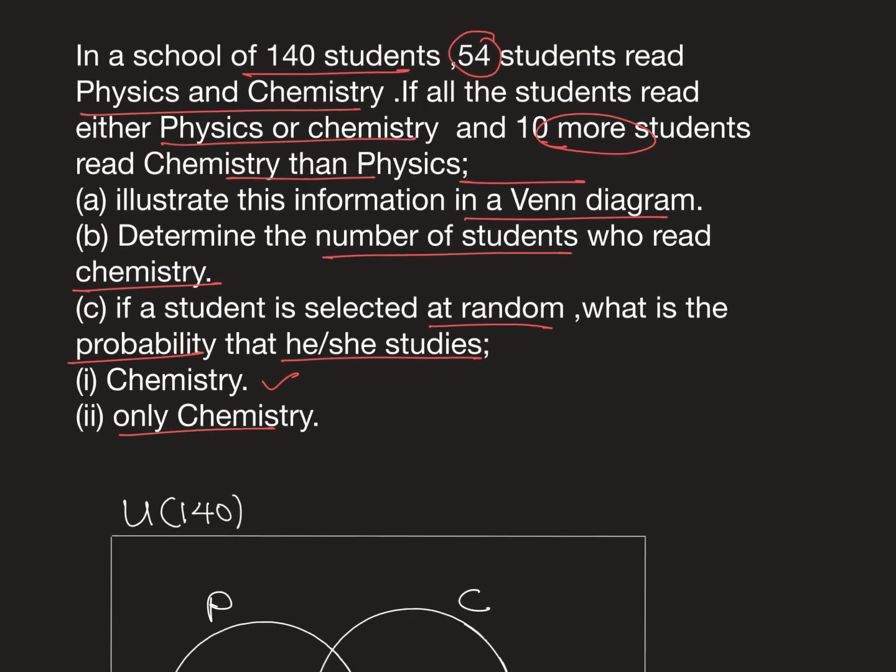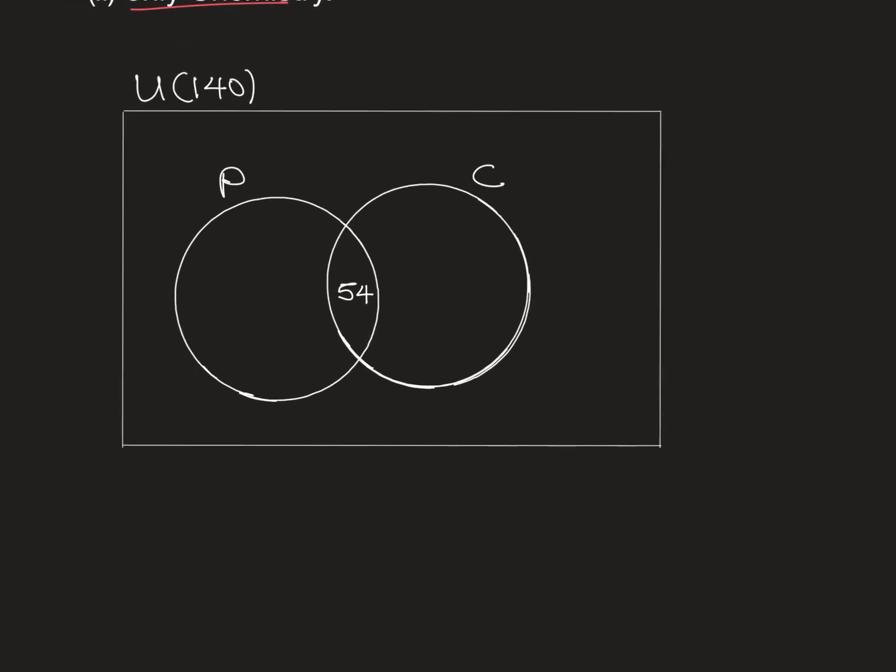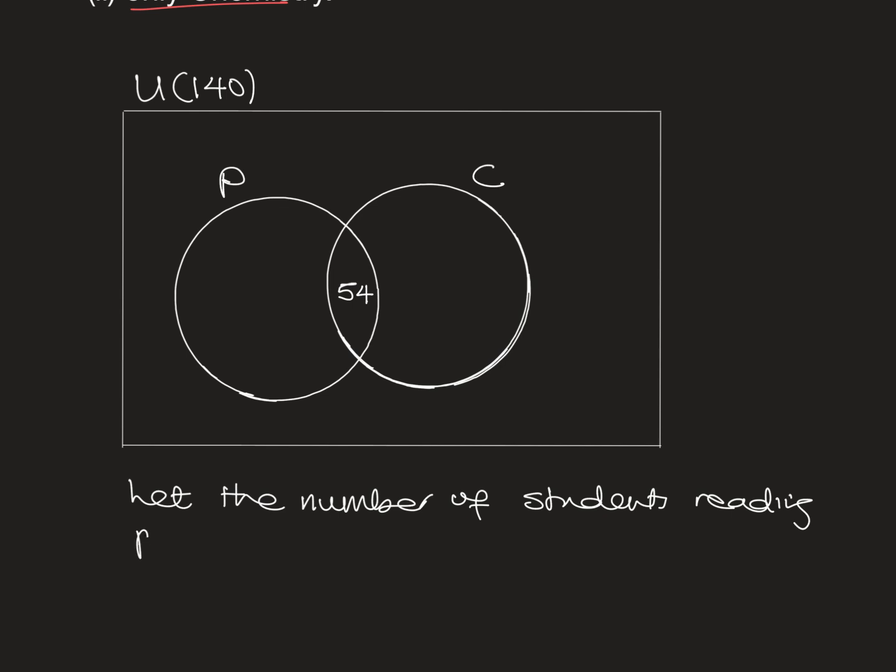We can say, let the number of students reading physics only be X. That is here, X. Number of students reading physics only, let that be X. So the number of students studying chemistry will be 10 more of that.